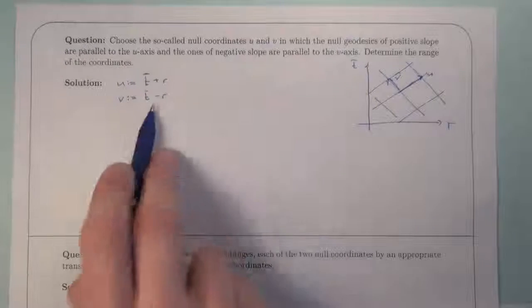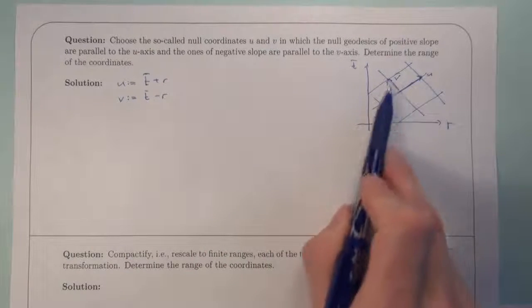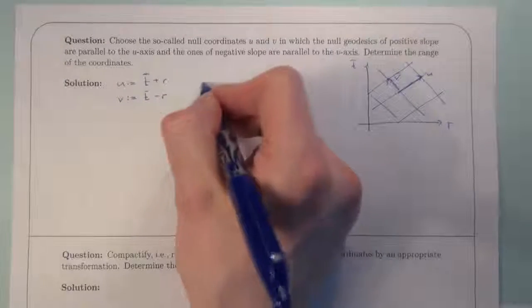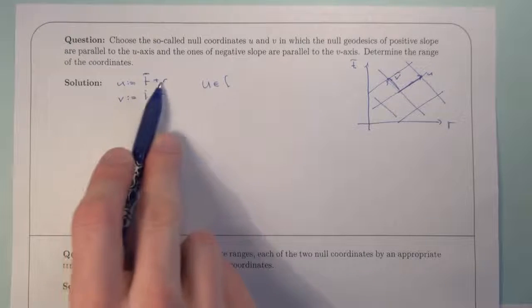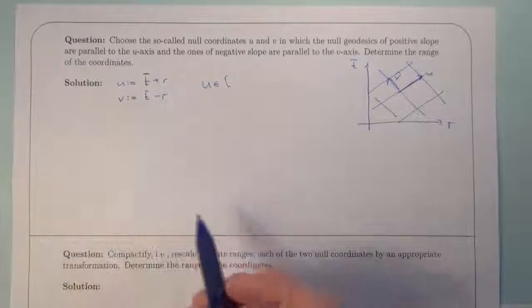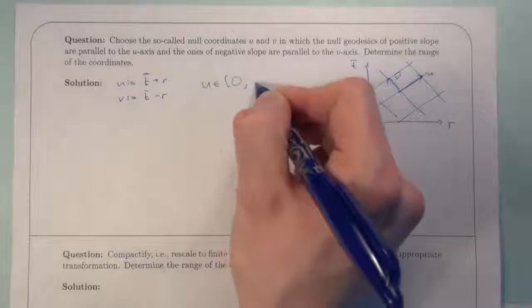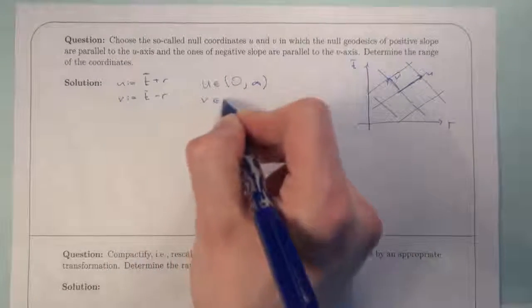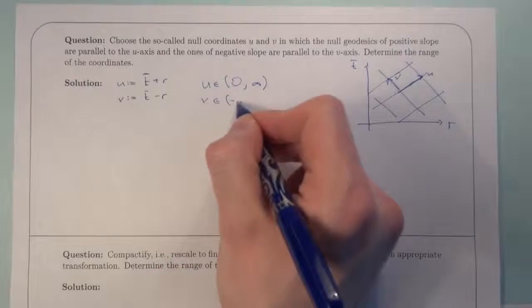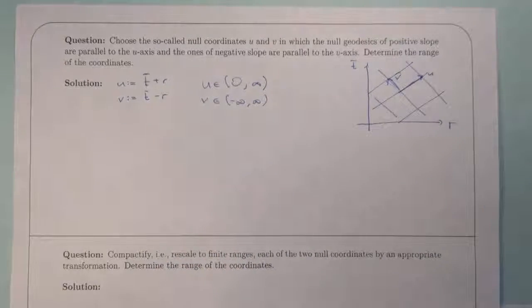Okay, so if we do that, we arrive precisely at this situation, and we first look at the range. So t plus r, these are both positive, as we checked in the question before. So this is in 0 to infinity, and v is in minus infinity to infinity.